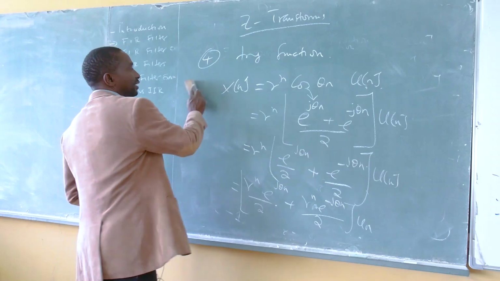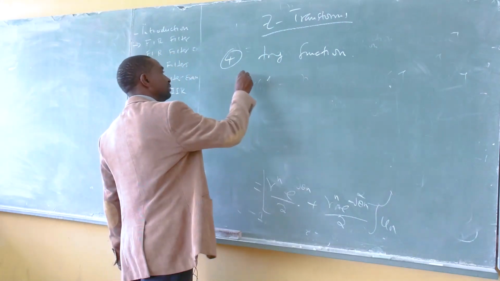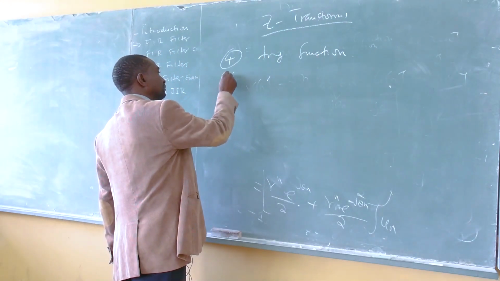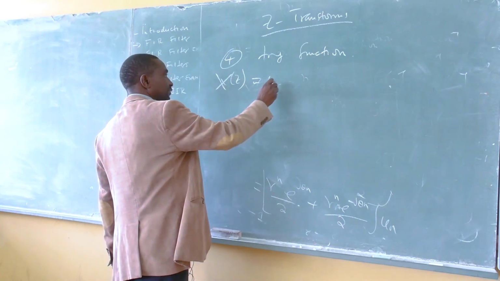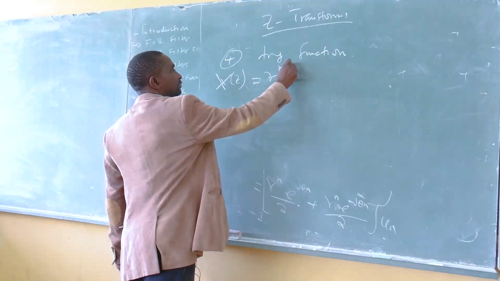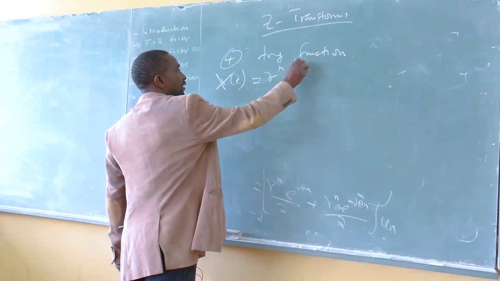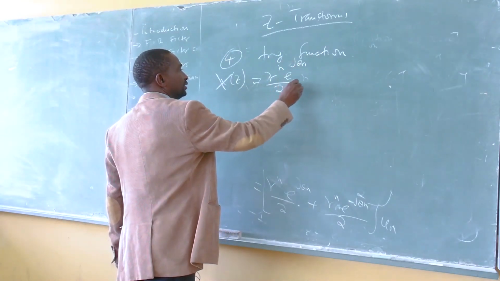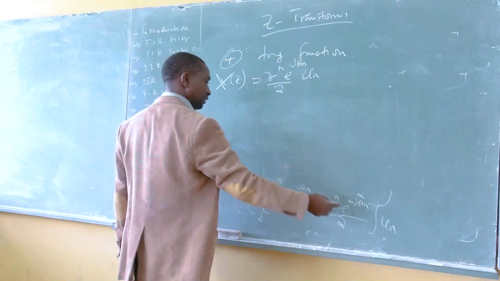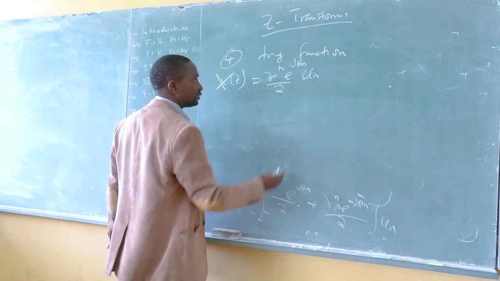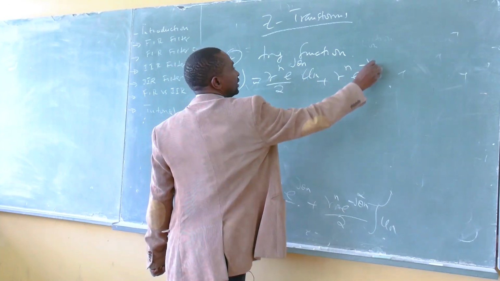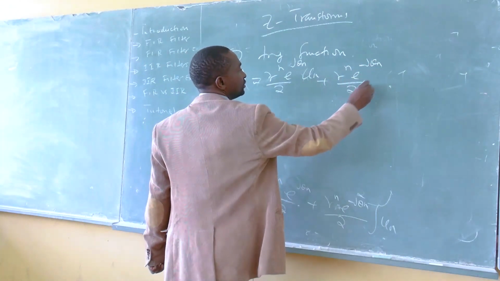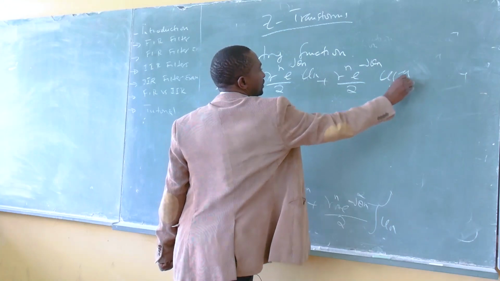So simplifying this further, I can rewrite this X of z as r to the power n, e to the j theta n divided by 2, with reference to the unit, I multiply the unit by each of the two terms, plus r to the power n, e to the minus j theta n divided by 2, with reference to the unit.